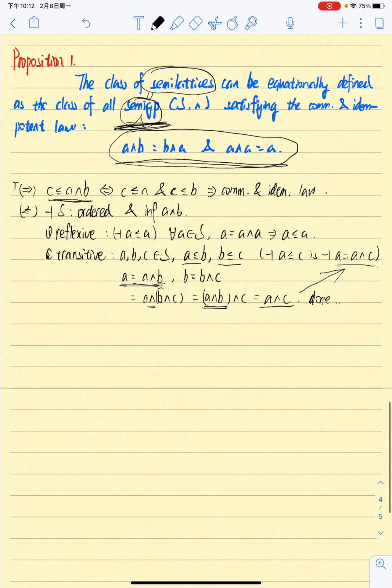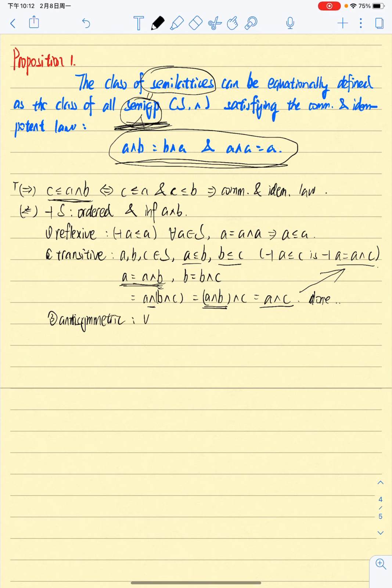This is ordered, and we remain to show the infimum. Oh, sorry. We need to show the anti-symmetric first.